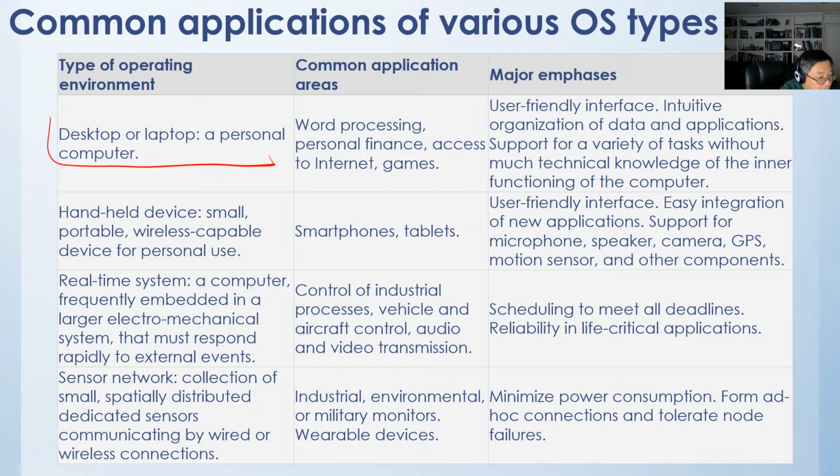These are the computer systems that are widely used in most homes. Desktops and laptops basically target customers with no computer skills, so they really emphasize a user-friendly interface. That's the reason for the Apple iOS and Microsoft Windows operating systems.